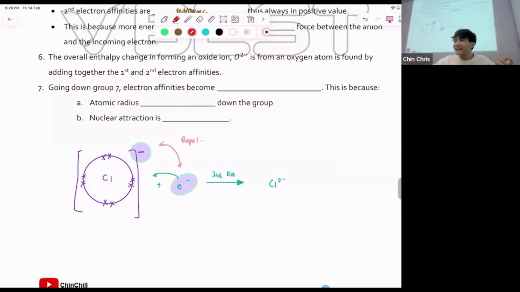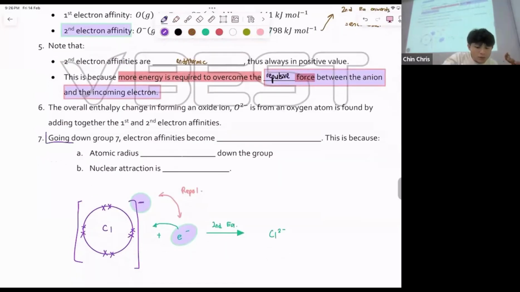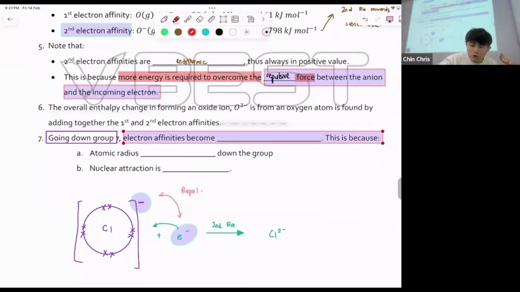I mean, that's the only energy required, to overcome the repulsive forces between anion and incoming electrons. Going down group 17, electron affinity becomes less exothermic down the group.